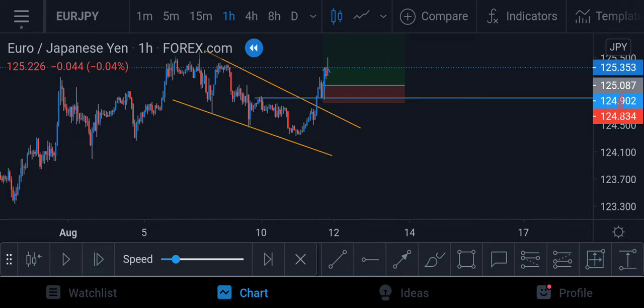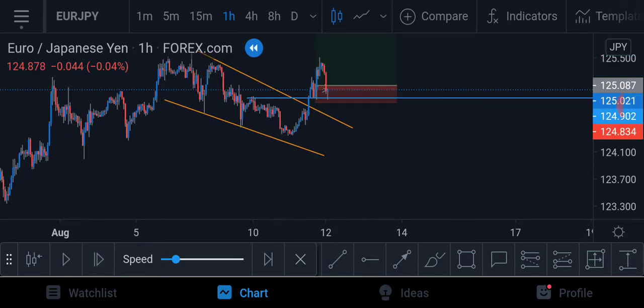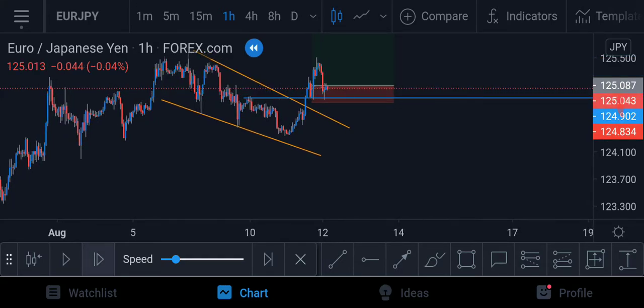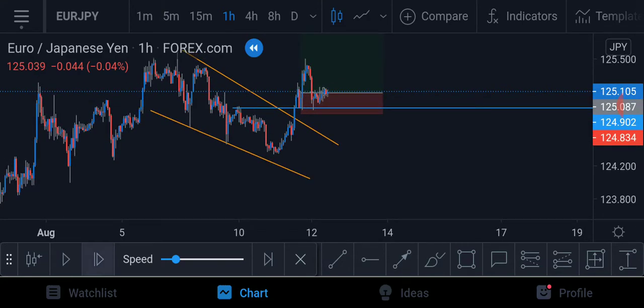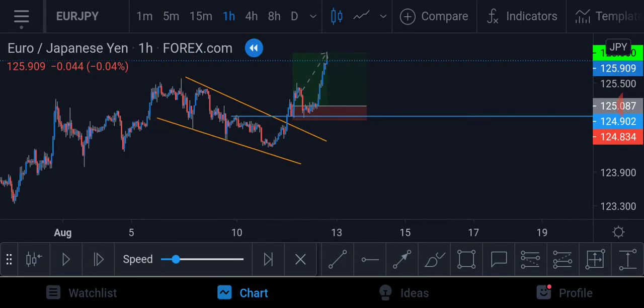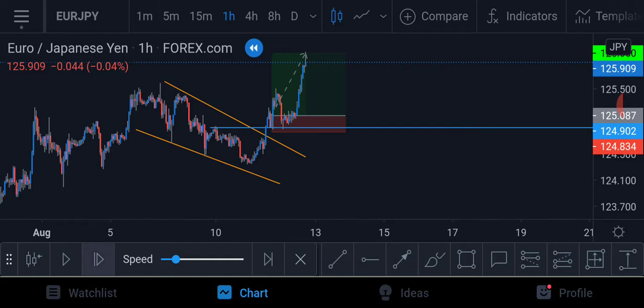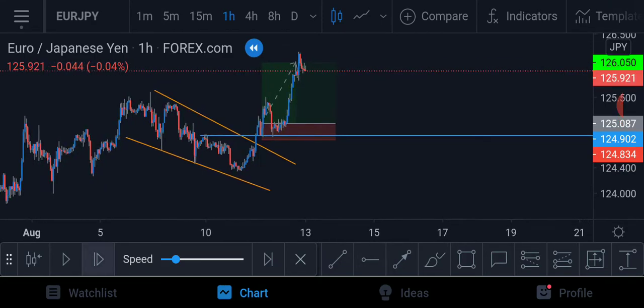Let's see how it goes. Made another retest and price is going to our profit target.